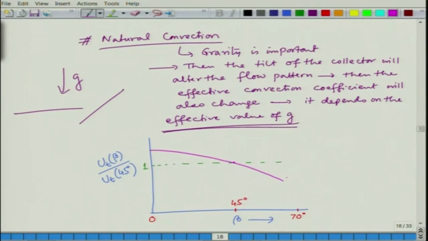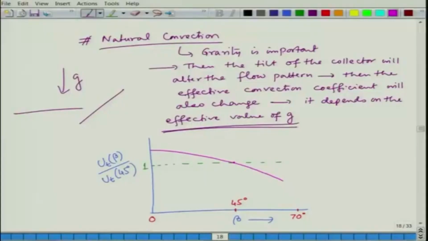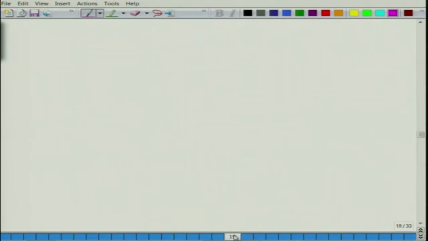So, it will look somewhat like this. Okay. So, it will be highest at 0 degree, that means natural convection will be highest at the horizontal positioning of the solar collector, and it will be the lowest as you go up in the tilt angle. Okay. It will be going down with the increased tilt angle. Okay. So, that is another important correlation that will be required in your design phase.